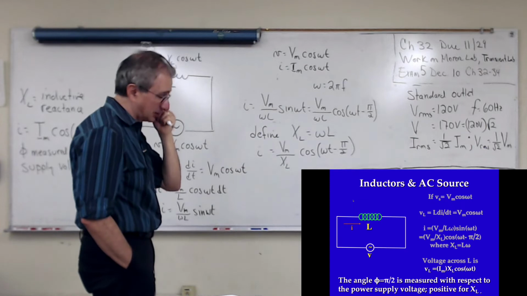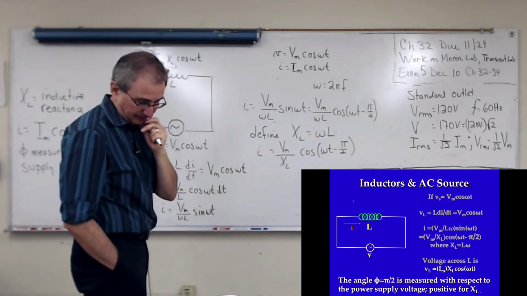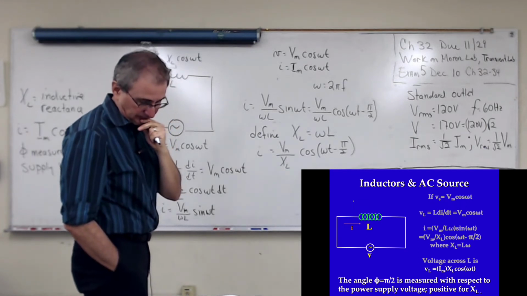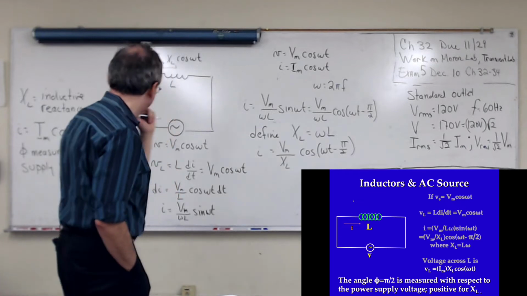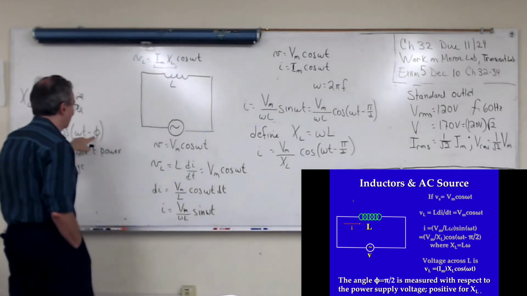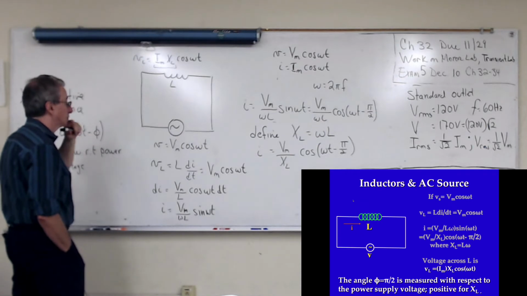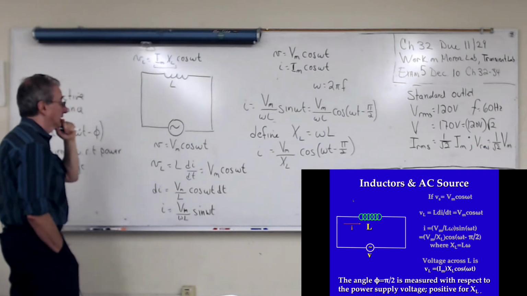So what if we expanded that? And what is this angle pi over 2? What does that represent?